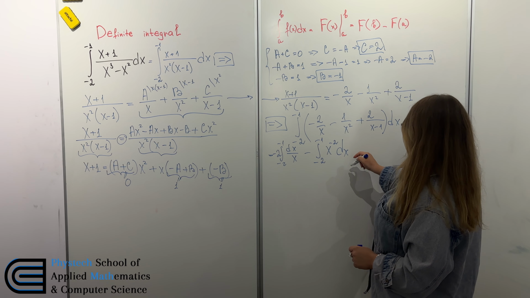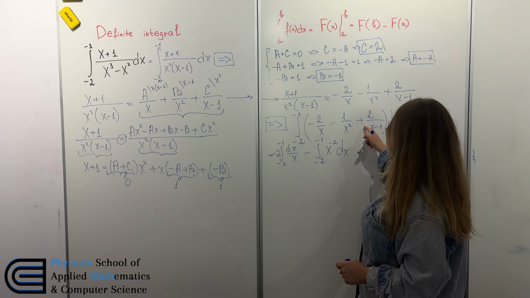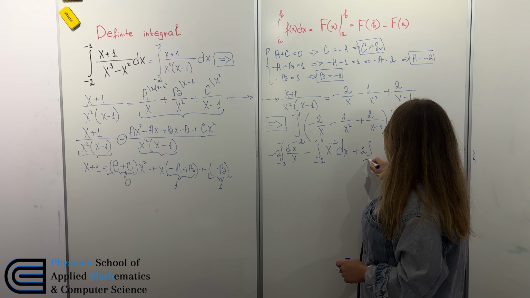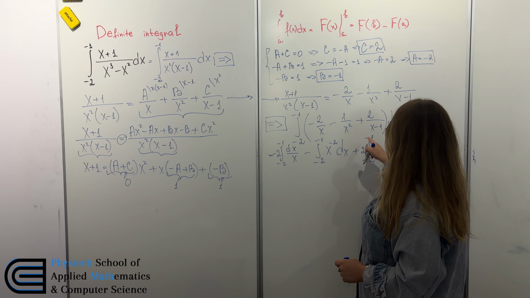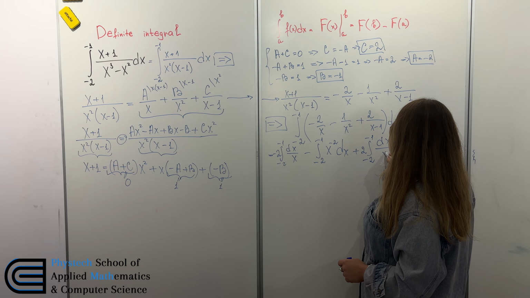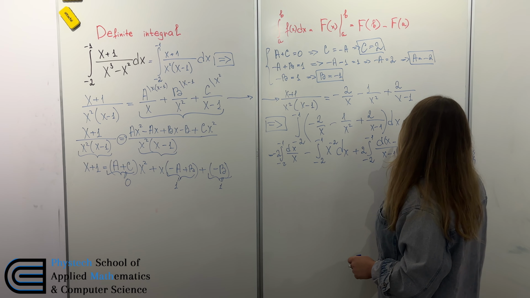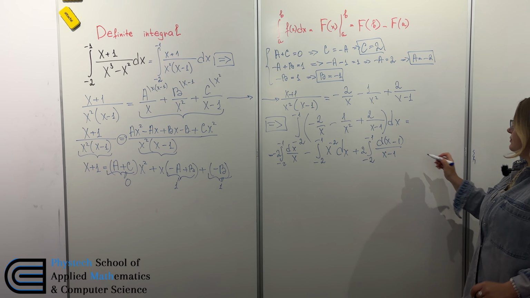It will be just a little bit simpler. And then plus 2 times the integral of dx divided by x minus 1. Actually, I can put minus 1 here too, it changed nothing.